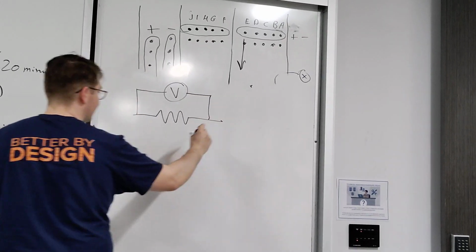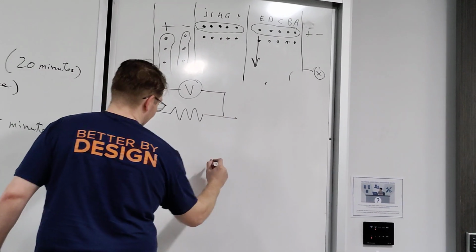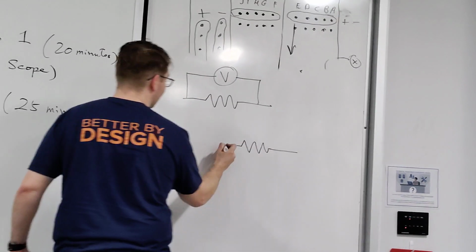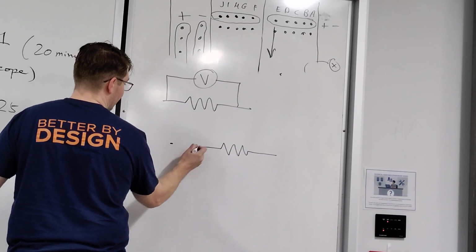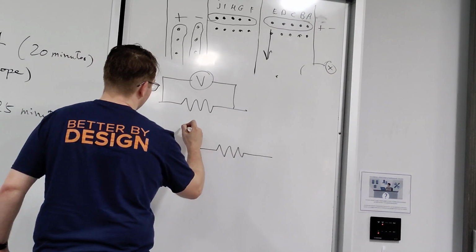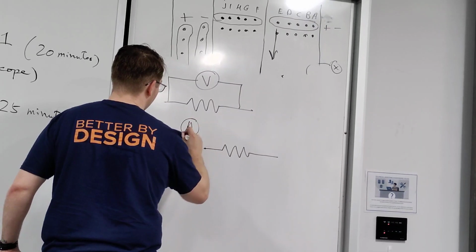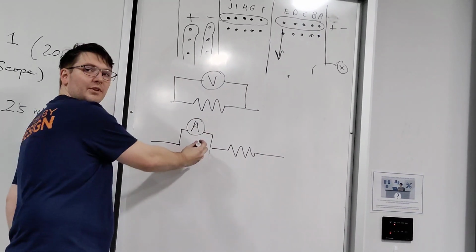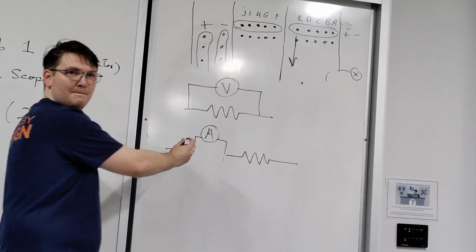If you're measuring current, you've got the same resistor. It doesn't matter if it's before or after, but you're going to need to break the circuit, and that goes off wherever it goes. And the ammeter needs to be connected in so that all the current can flow through the ammeter, yeah?